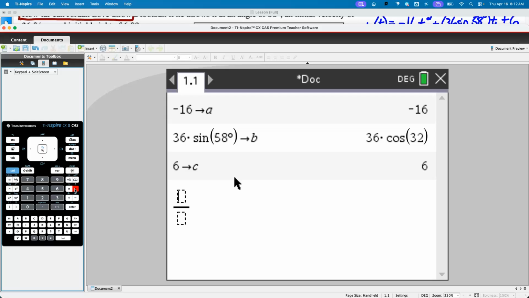The numerator is the opposite of b plus the square root of b squared minus 4 times a times c. And you have to put the multiplication sign between at least the a and the c, otherwise it won't recognize it. And then on the bottom, you can just put 2a.